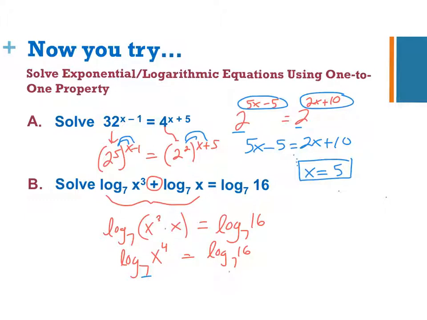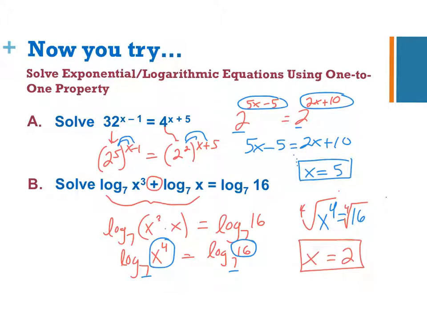Since they're the same base, I can now set the insides equal to each other using the one-to-one properties and set x to the 4th equals 16. To solve this, I would have to take the 4th root of both sides, which leaves me just x on the left side, and what I'm left with on the right side is 2. And there's my answer.